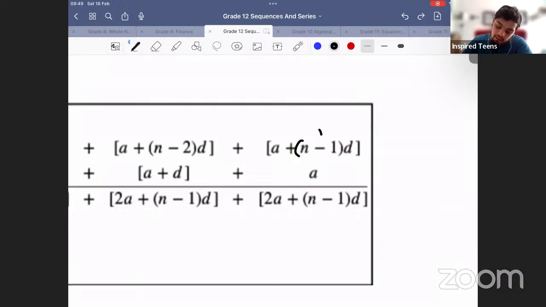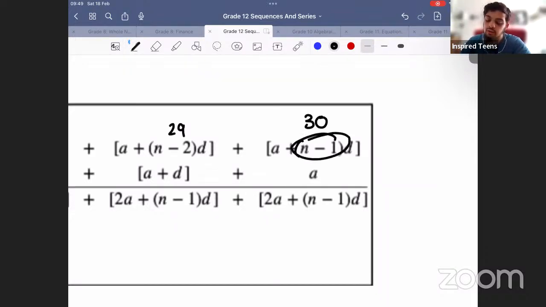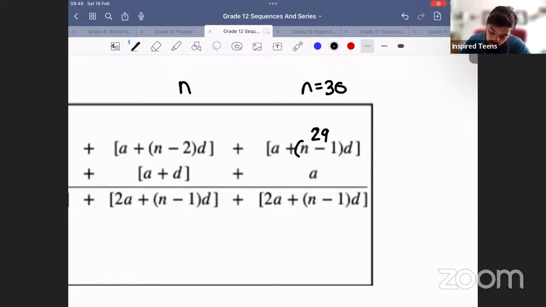Then going one back, it's n minus 1, by the way. So if there were 30 terms, this would be 29 because you are saying n minus 1.